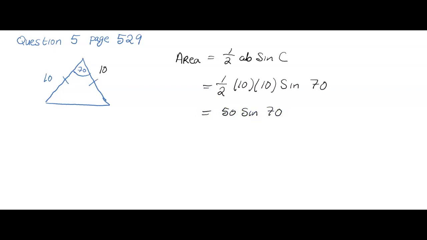If we put that into our calculator then, 50 sine 70 is 46.984631. Okay, so to 2 decimal places, it's 46.98 squared units.